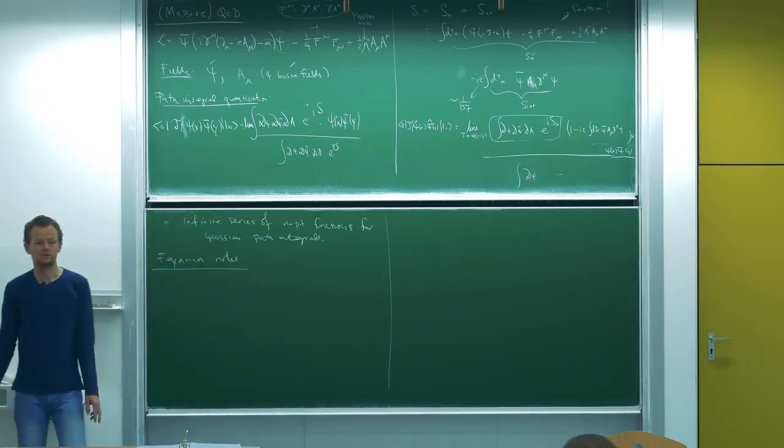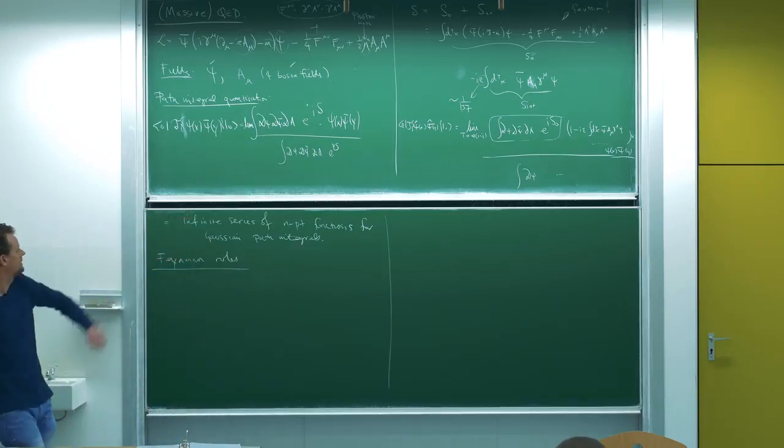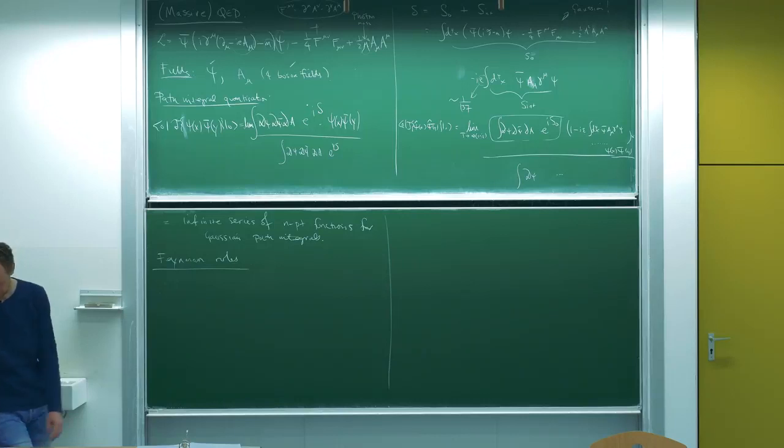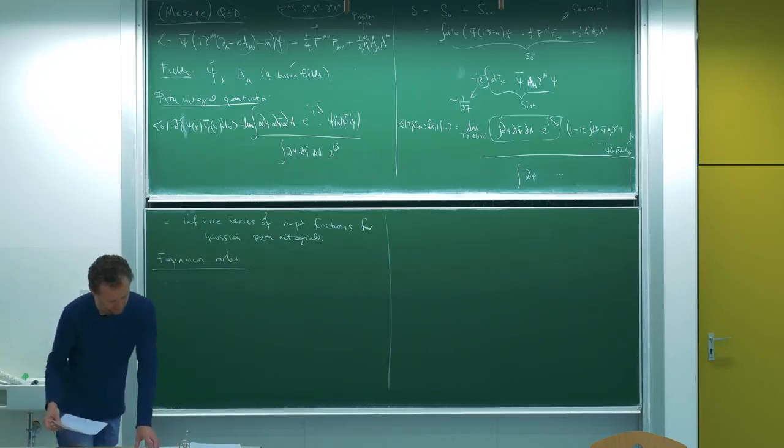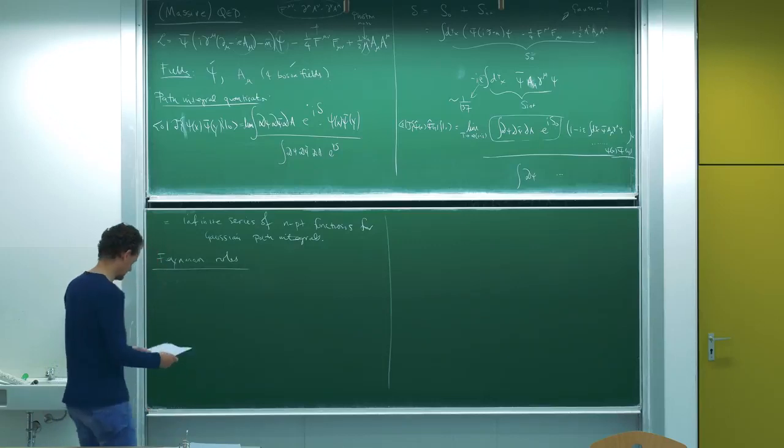Now, when you look at each of those terms in this infinite series, then you'll notice some patterns, and you'll deduce that the terms in this series can be represented by diagrams, and those diagrams obey some rules. And here are the Feynman rules that you'll notice.